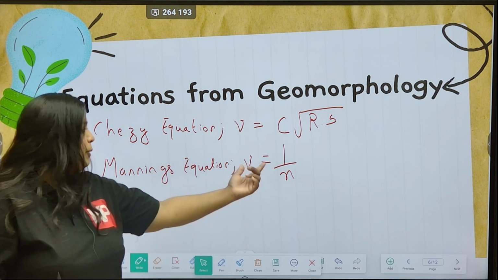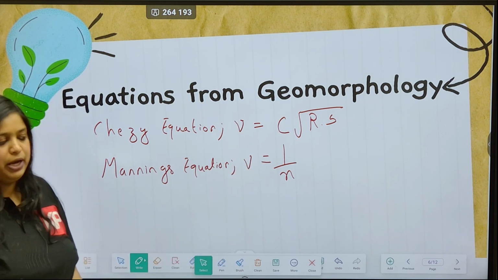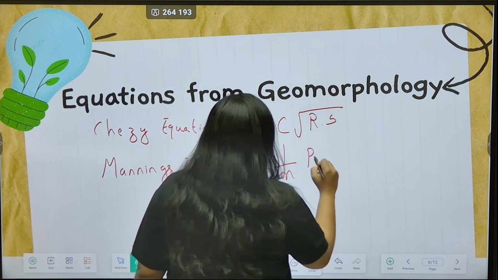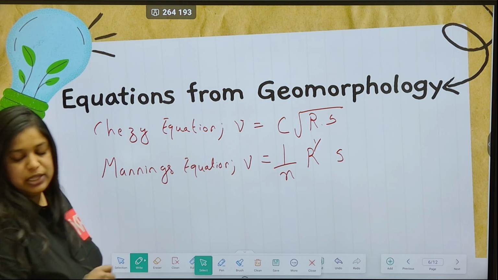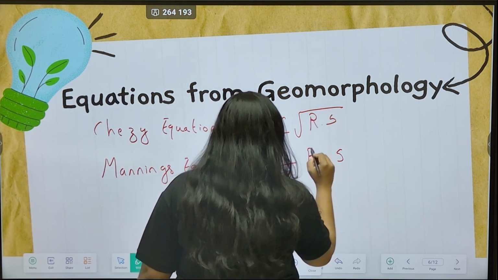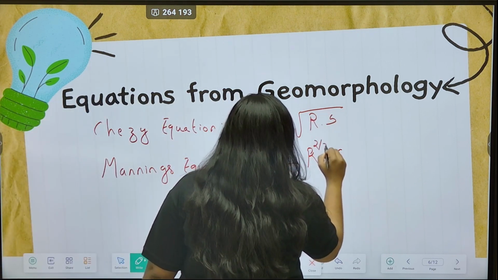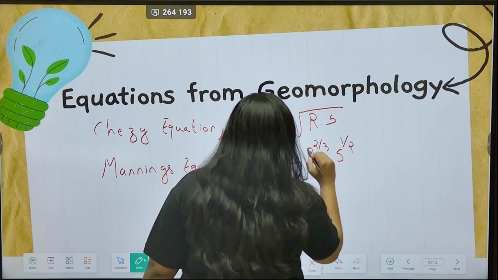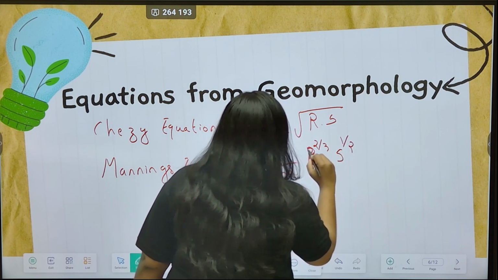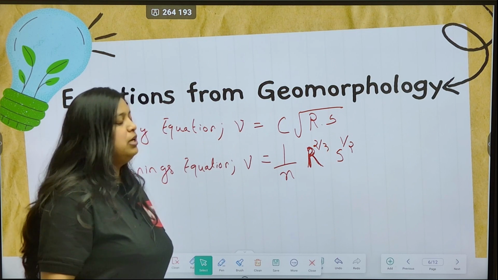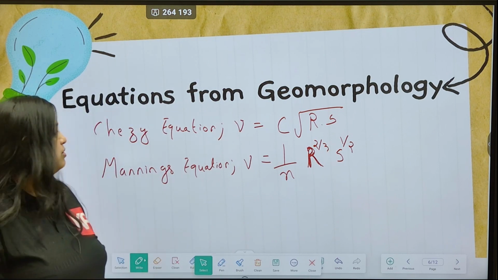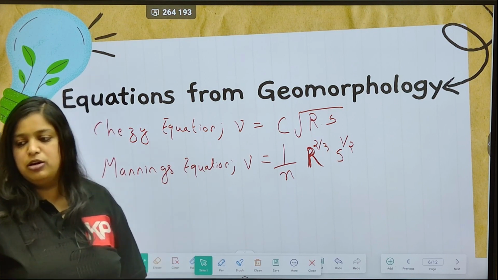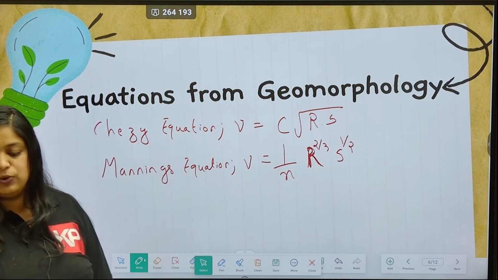So 1 by n multiplied by the hydraulic radius raised to 2 by 3, into channel gradient raised to 1 by 2. This is the equation for the mean flow velocity by Manning's equation.